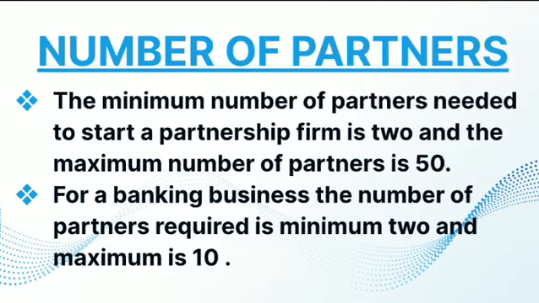So the minimum number of partners needed to start any partnership firm in India is 2, and the maximum number of partners is 50. So minimum you can start the partnership business with 2 members. You can also overcome all the drawbacks and limitations of joint Hindu family, plus you can also overcome all the limitations and drawbacks of sole proprietorship.